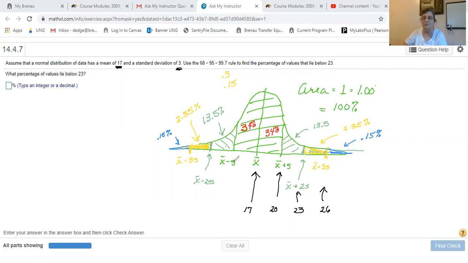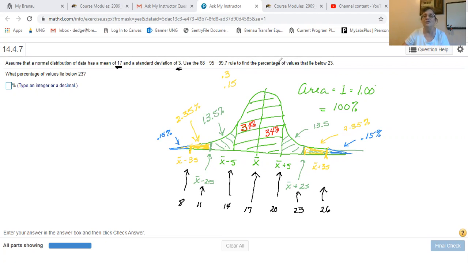Going the other way, we're subtracting 3. So 17 minus 3 is 14. 14 minus 3 would be 11, and 11 minus 3 is going to be 8.